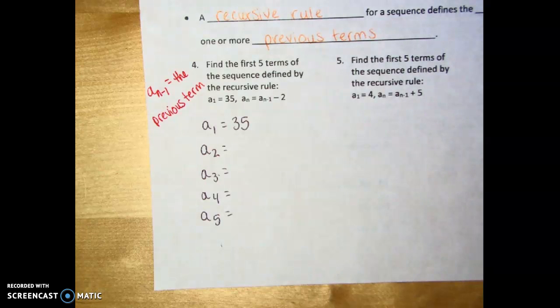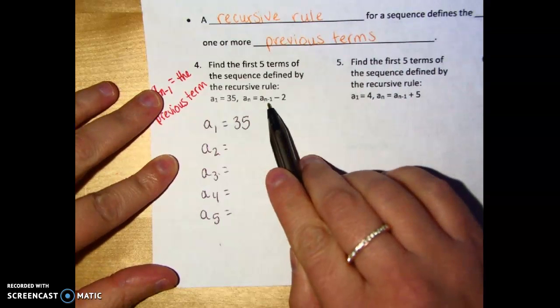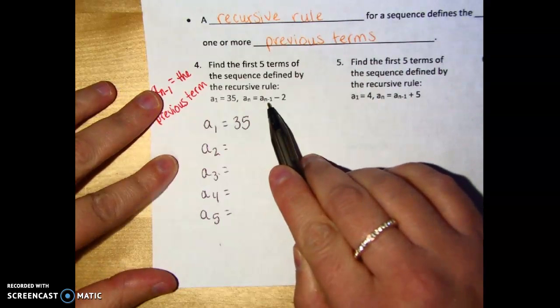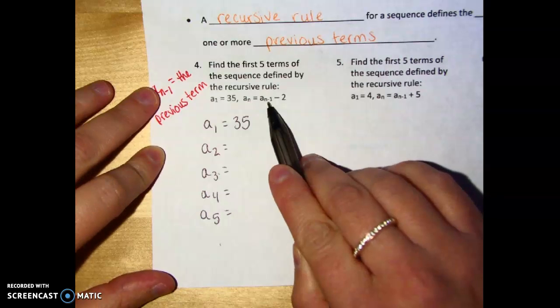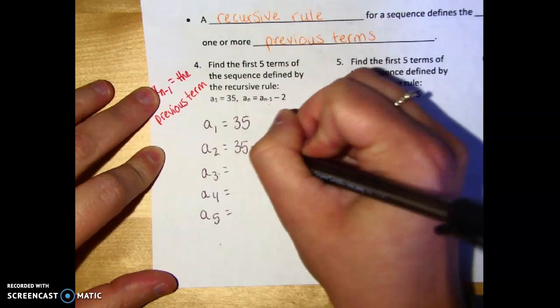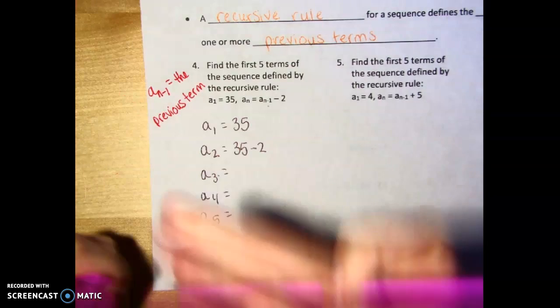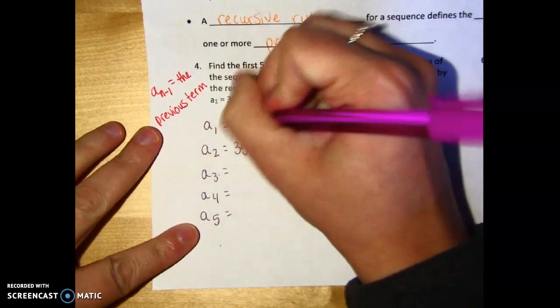Okay? So now I'm using this function. For a sub n minus 1, I'm plugging in the previous answer, or the previous term. So in this case, I'm going to write 35 minus 2, and I get that from right here.